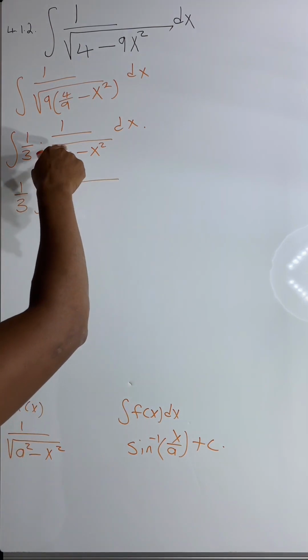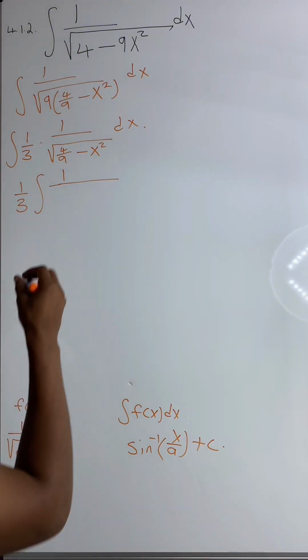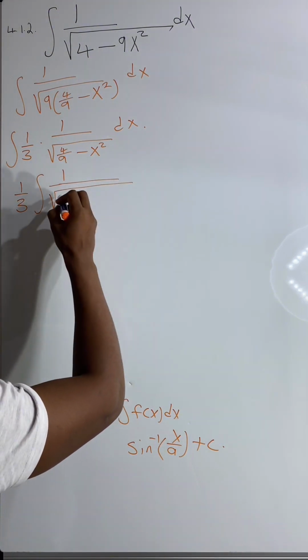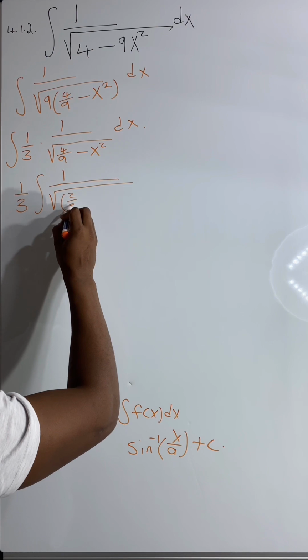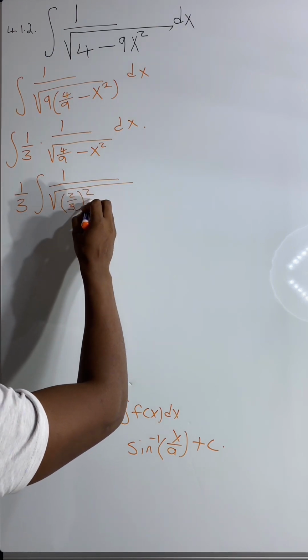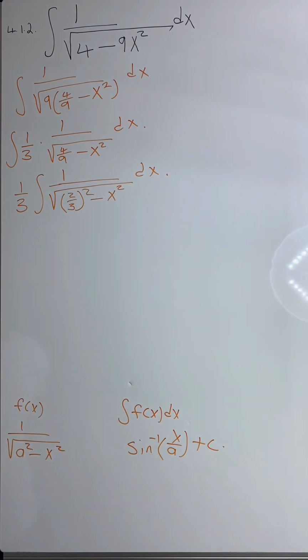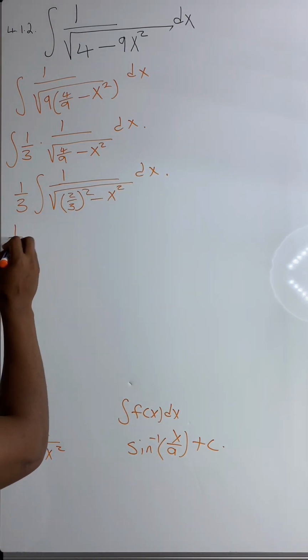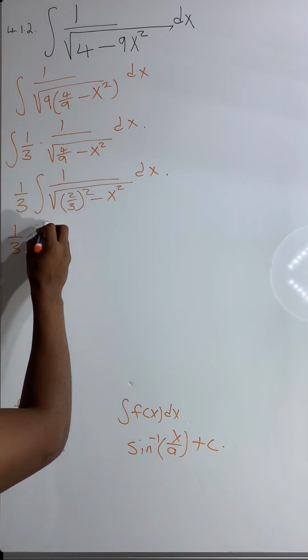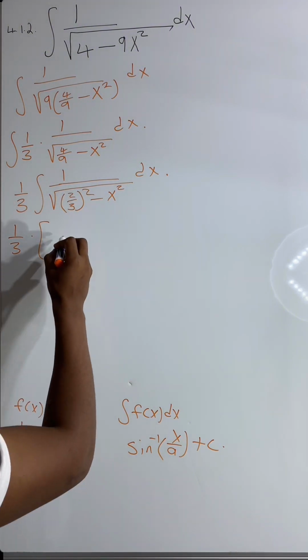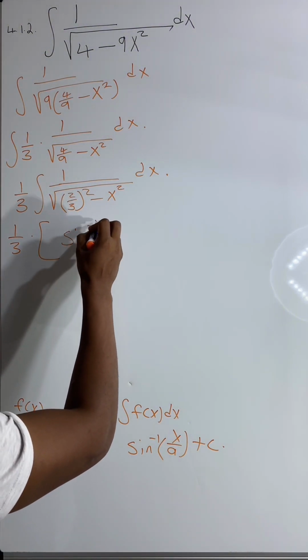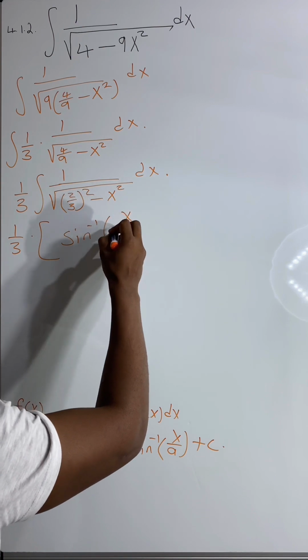And also let's write the 4 over 9 in this standard form. So we'll have 2 over 3 squared minus x squared dx. Using our formula to determine this integral, we'll have arcsine of x over a.